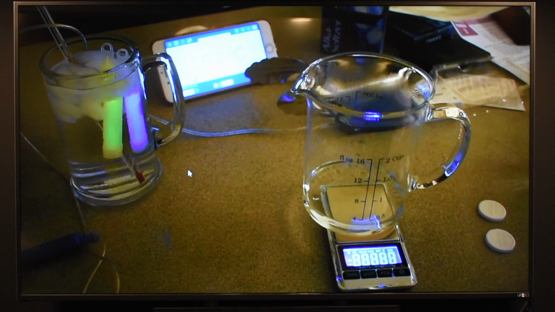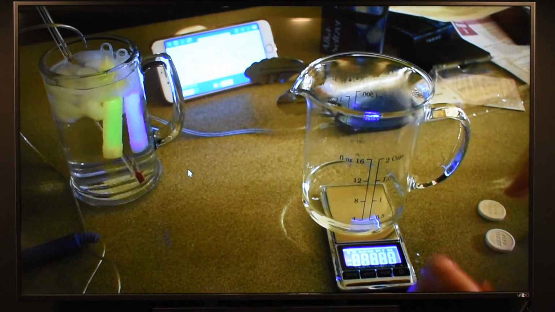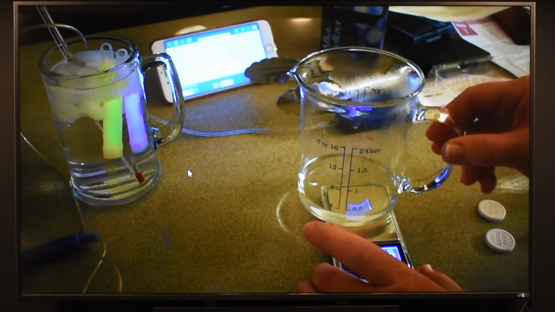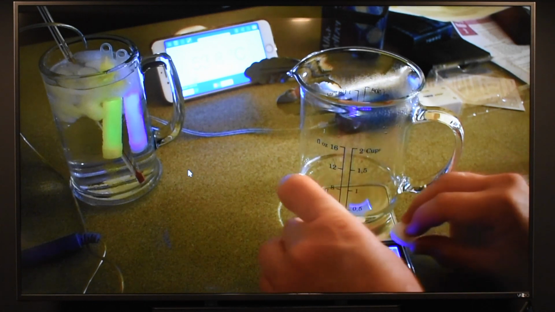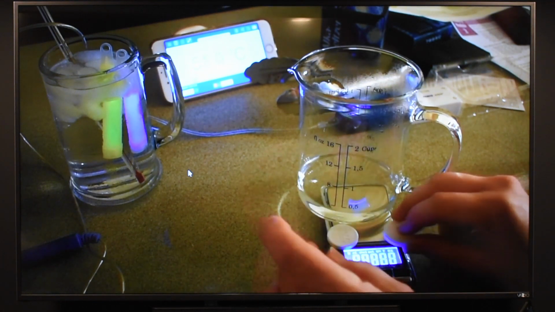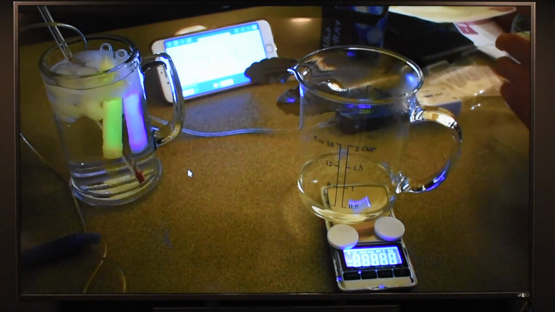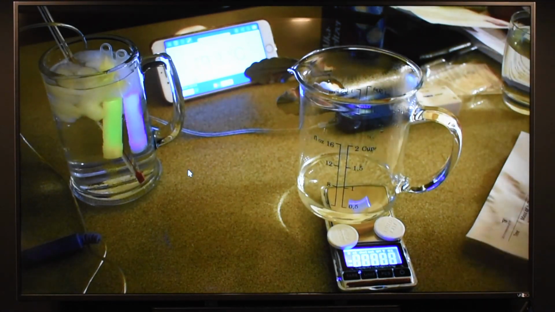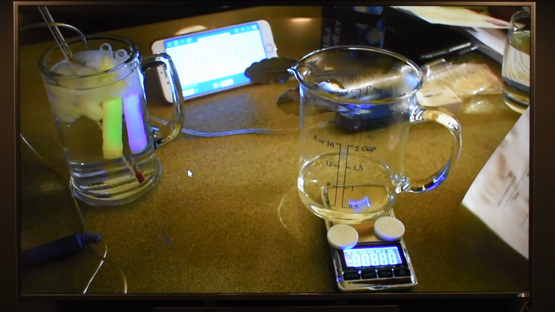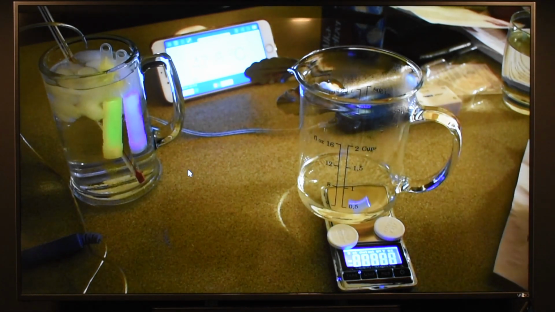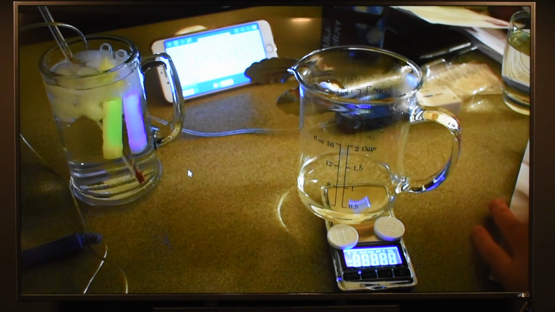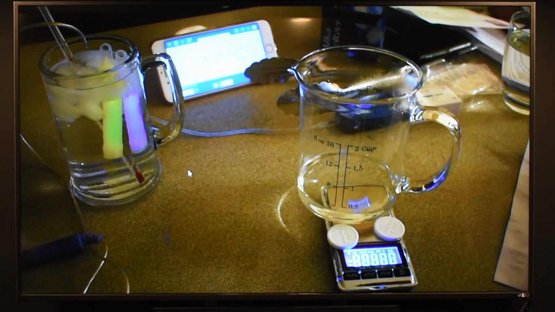Now, what I'm going to do next is add 2 Alka-Seltzer tablets to the balance. And now my mass of the beaker, the Alka-Seltzer tablets, and the water at time 0 is 289.00 grams.